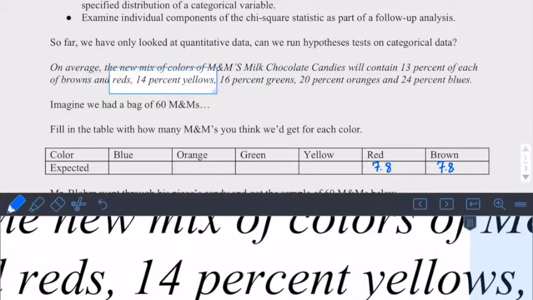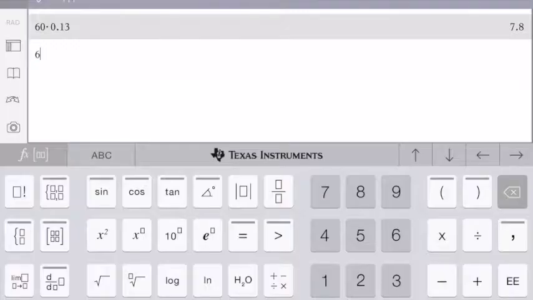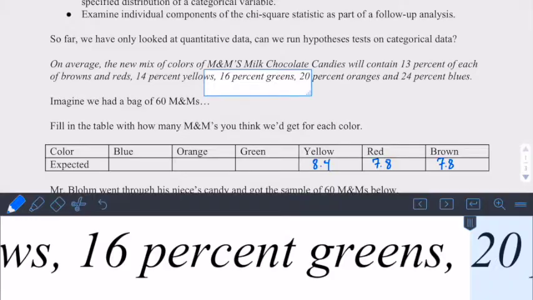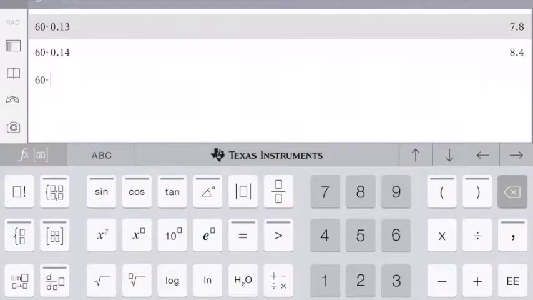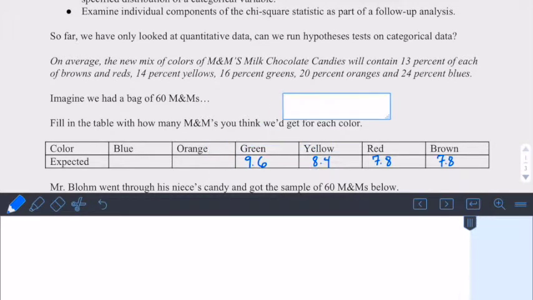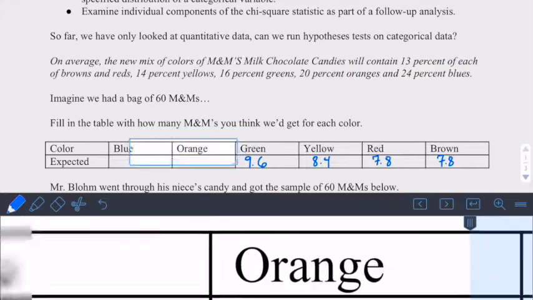Then we'd have 14% yellows, so 8.4 yellows. Then 16% greens, 20% orange, and 24% blue.